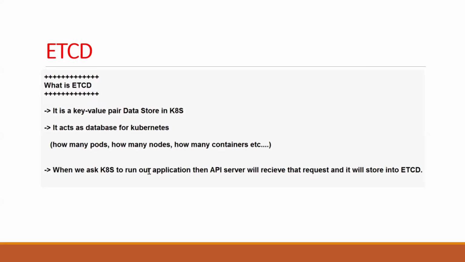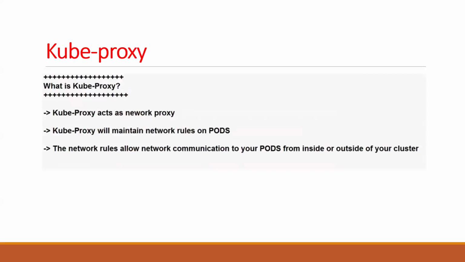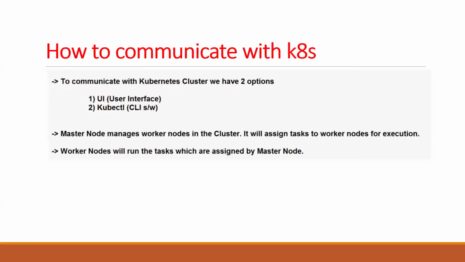The information will be available in etcd. When we ask Kubernetes to run our application, the API server will receive that request and store it in etcd. Guys, now you understood? So what is that API server?